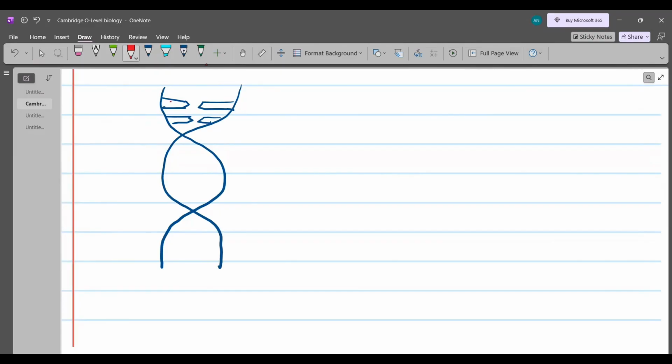Suppose this is T, this is A, this is G, and this is C. A is always paired with T, and T is always paired with A. G is always paired with C, and C is always paired with G.